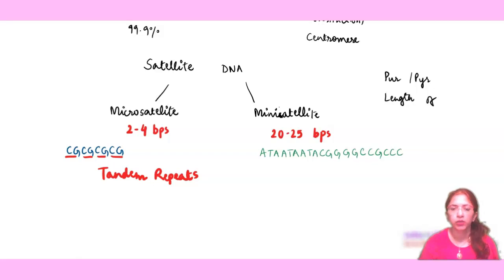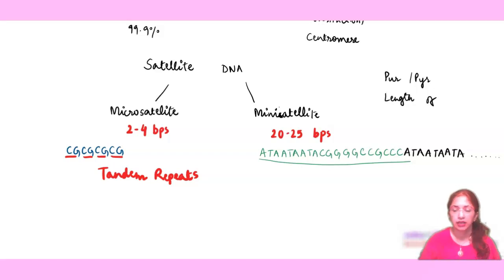So this is our 20 base pair long sequence, right? Now as soon as it finishes, after that the same sequence will be there. The same sequence which I have written in green, this black sequence will be written in the same manner. So 20 bases will be here and so on, it will be followed. So here the tandem repeat length is about 20 base pairs. Okay, so this is happening in the case of mini satellite.